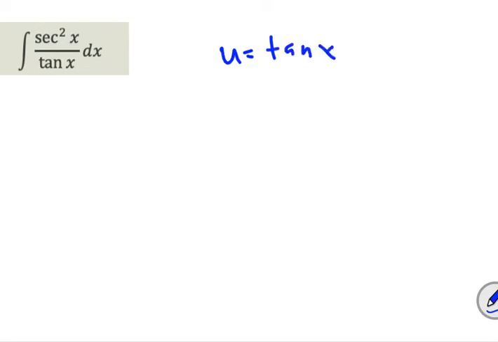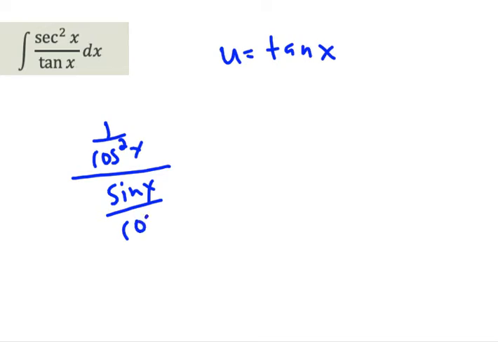But what I'm going to do here is show you what I see happen a lot, because of chapter 5 in pre-calc, when you see stuff like this, you're kind of tempted to simplify it, right? So secant squared is 1 over cosine squared, and that's over tangent, which is sine over cosine.